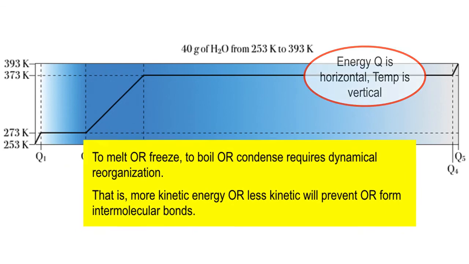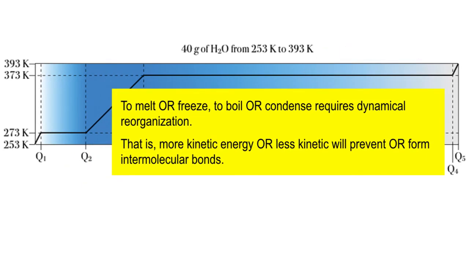And in this diagram, here are the concepts I want to go over with you. Melting and freezing are the same phase transition, one way and then the other way. Boiling and condensing, same phase transition, different directions.